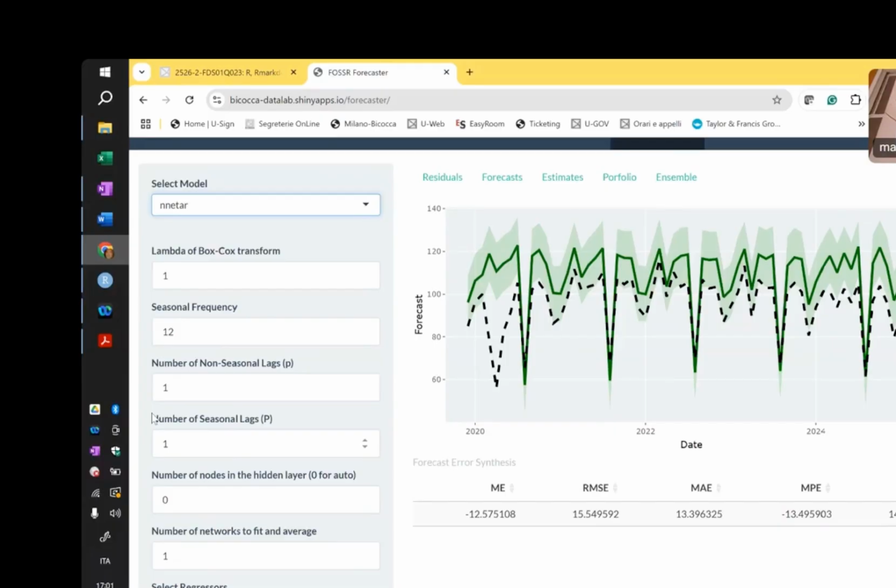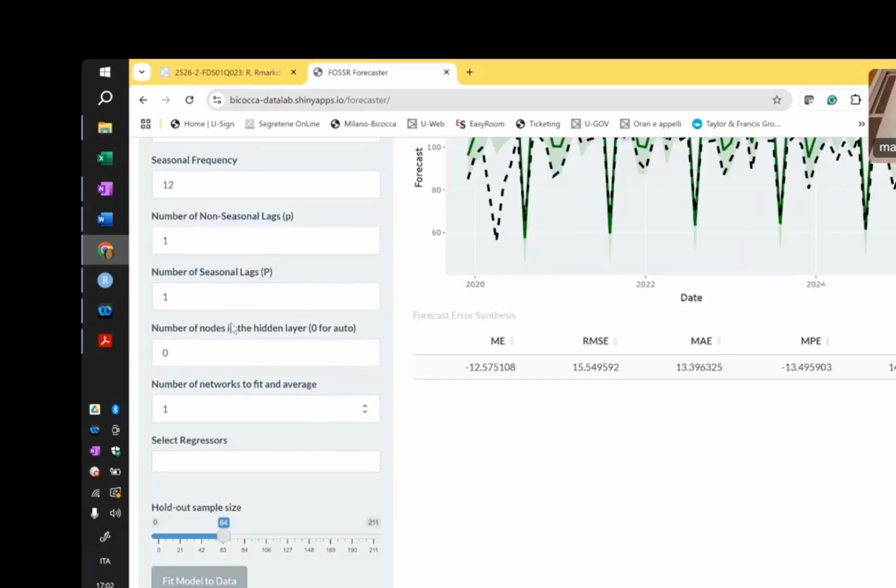Default is no transformation, because a nonlinear model is also able to learn things like heteroscedasticity, for example. Okay. And you can pick how many lags and how many seasonal lags. At the end of the day, it's very simple. It's just like a seasonal, non-seasonal autoregressive process, but instead of being linear, it's non-linear.